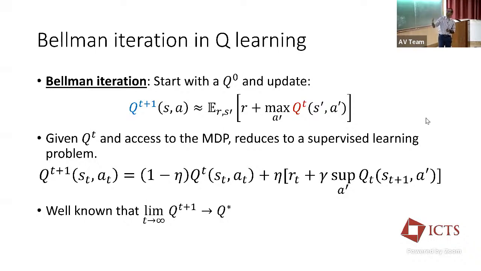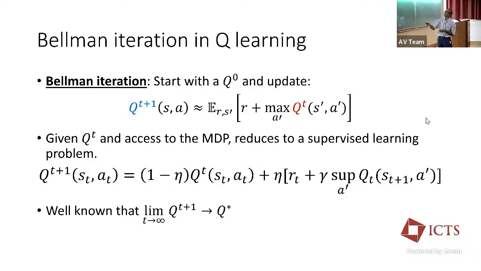And if I do, say, a stochastic gradient type of update here, this is essentially what I get. So I will get Qt plus 1 of s, a is equal to 1 minus eta times Qt of s, a. This eta comes because of the learning rate and the gradient term, plus this kind of term. Oh, sorry, good catch.